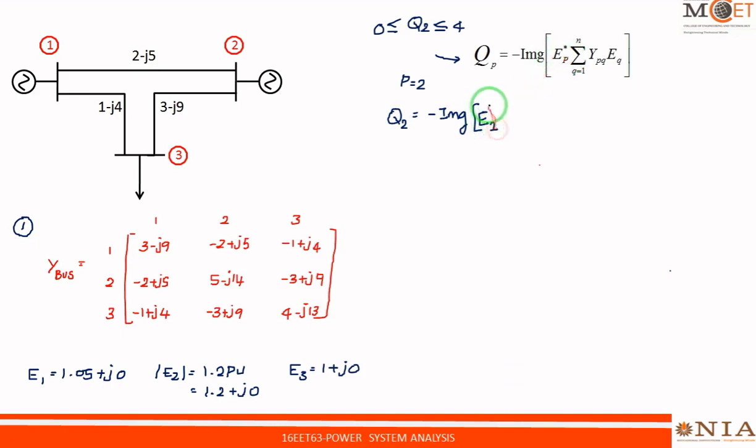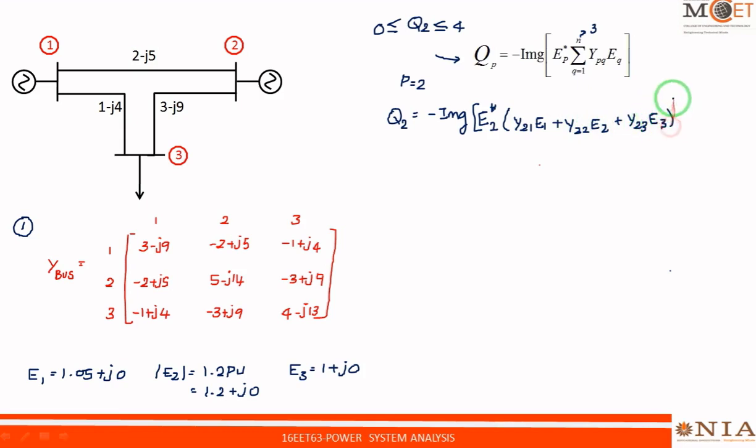E2 star, summation of Q equal to 1 to N. N denotes the number of buses. Number of buses is 3 here. So this becomes E2 into Y21, P is 2, Q is 1, Y21 into E1 plus Y22, now Q becomes 2, Y22 into E2 plus Y23 into E3.